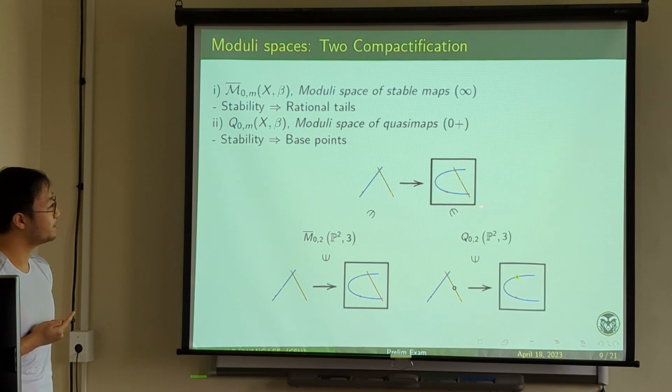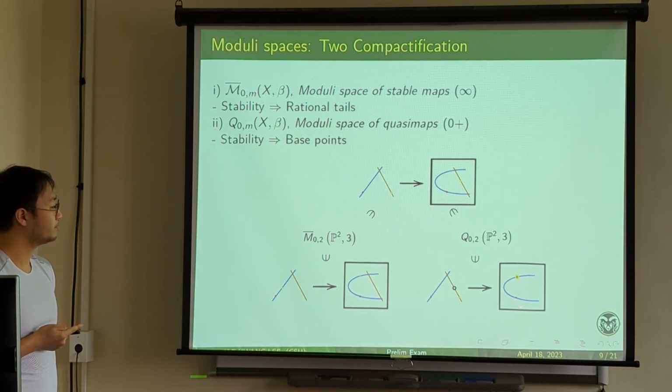So that's a valid map, which can be realized as a stable map and a Quasimap. But this brown component doesn't have any marking. So this kind of component is called a rational tail. This is an example of a stable map which is not a Quasimap.